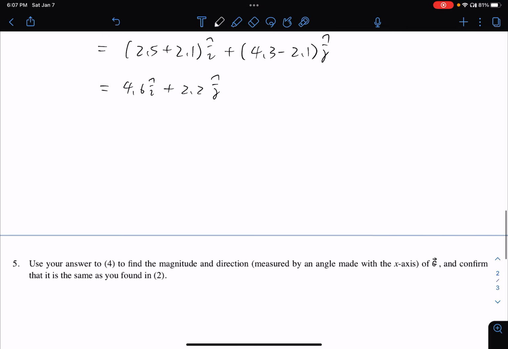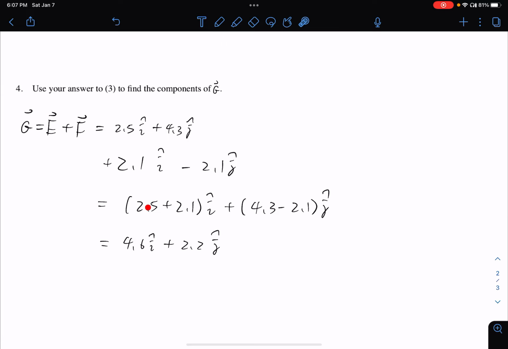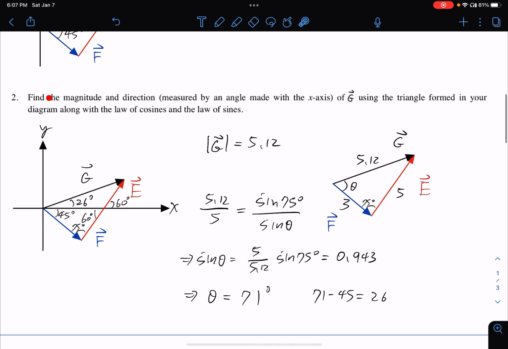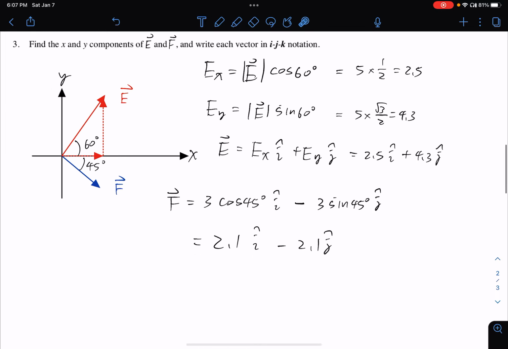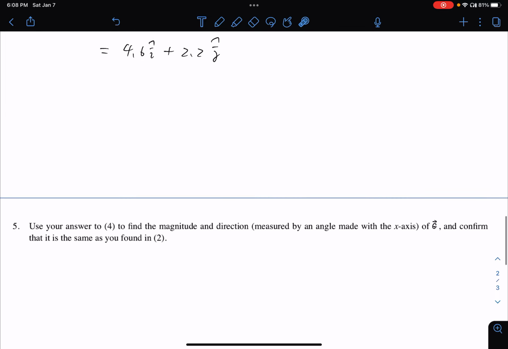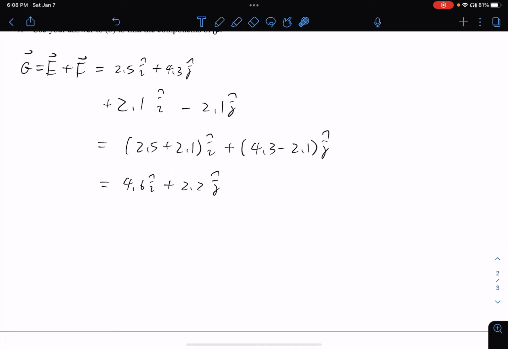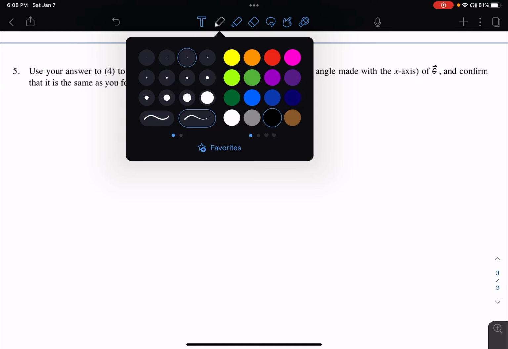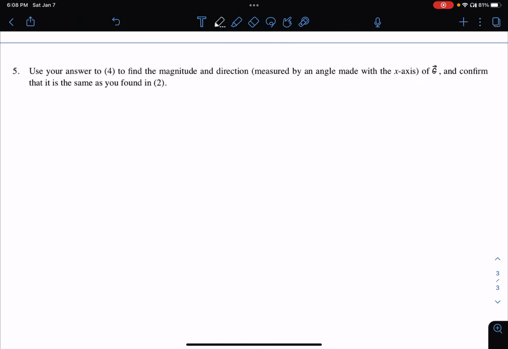We can now check our result with the result we got in question 2 by comparing the magnitude. In question 2, we already found the magnitude of vector G, and we should be able to use the components to find the magnitude, because the components of the vector form a right triangle.